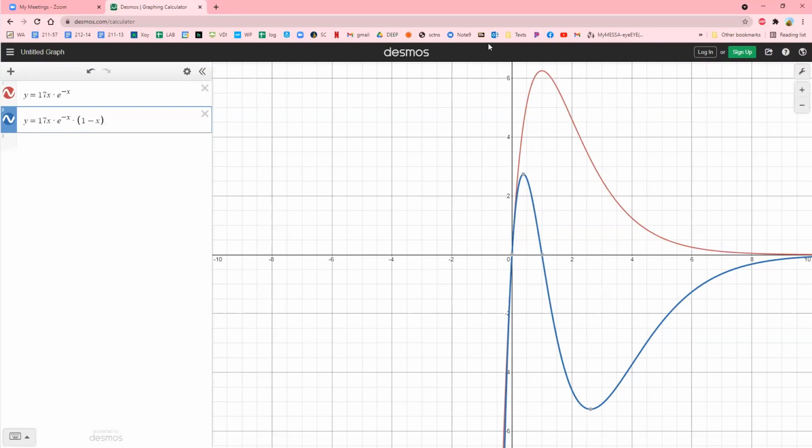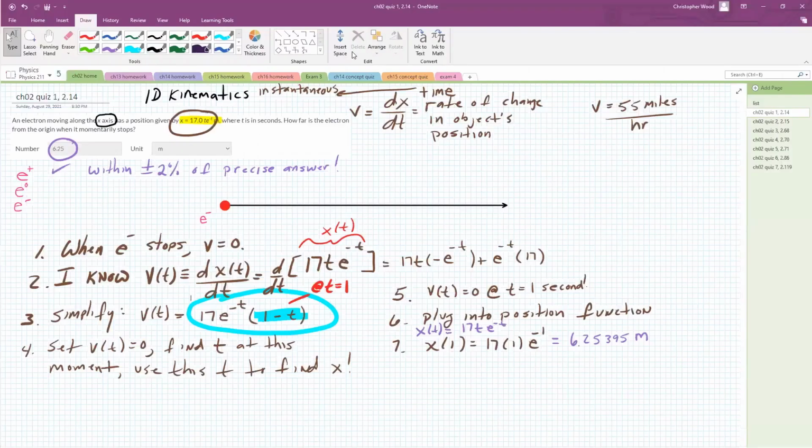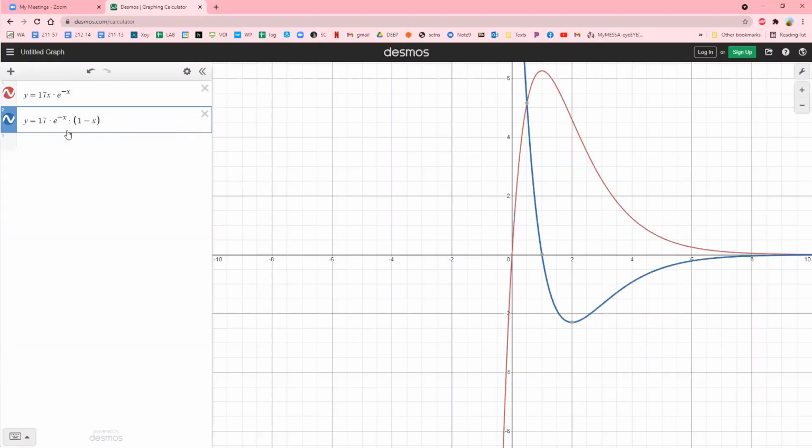Hang on, I have to fix that. It's 17, not 17t. Okay, there it is: 17 e to the minus t.